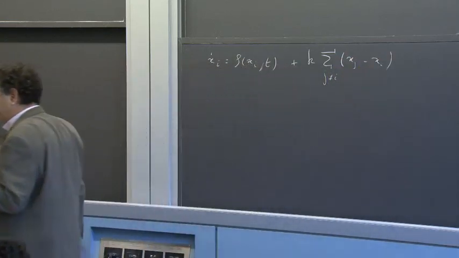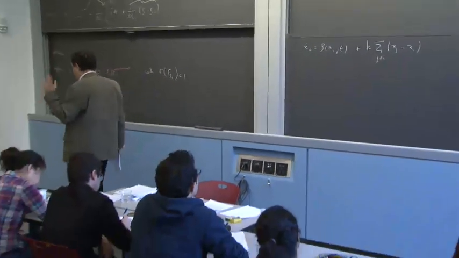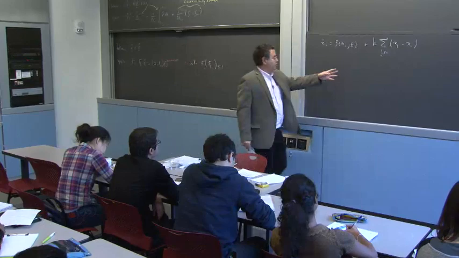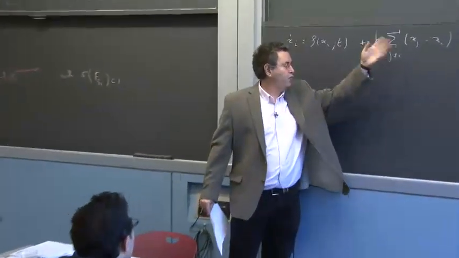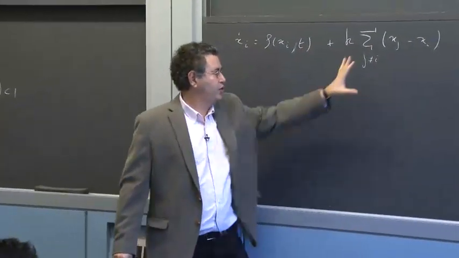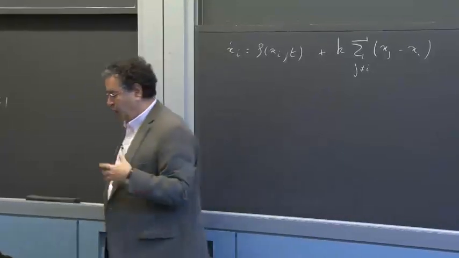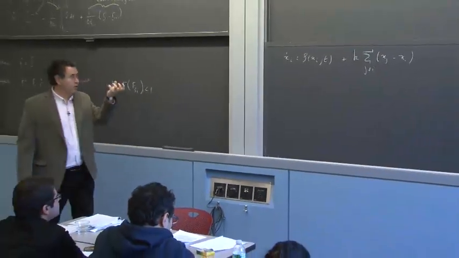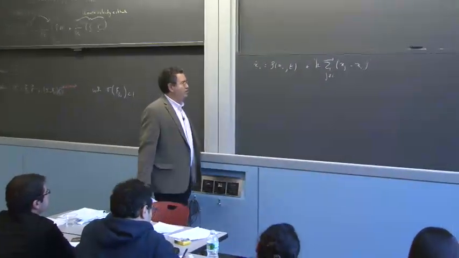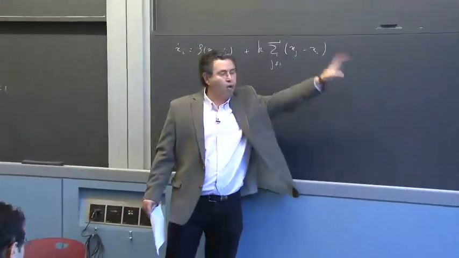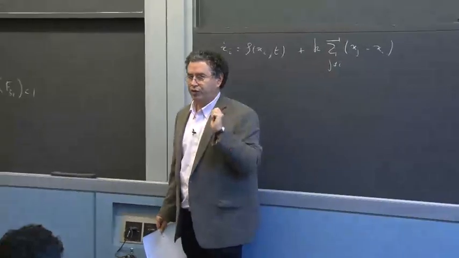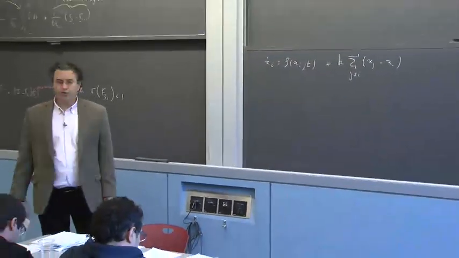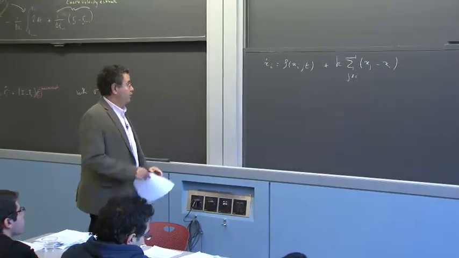So we started with systems like this, and we made the remark a few lectures ago that the same system was first equal to the sum for all j's of this, because when i equals j, this term is just 0, and that in turn this sum could be computed by just some local term minus k times n xi, and then some common term k times the sum of the xj's. So that's what we did in the very first lecture on contraction, to introduce you to this idea of a virtual system.